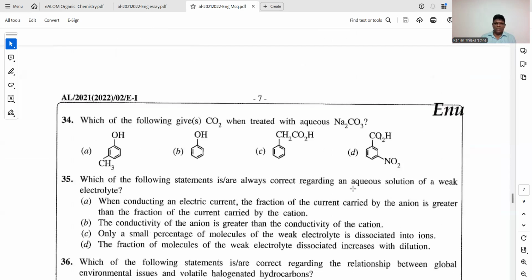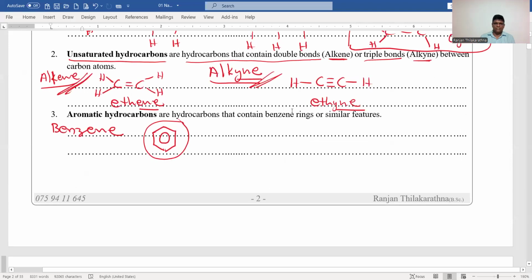See, these are organic compounds having a benzene ring. Another way of writing that benzene ring is like this, with alternating double bonds in the ring.